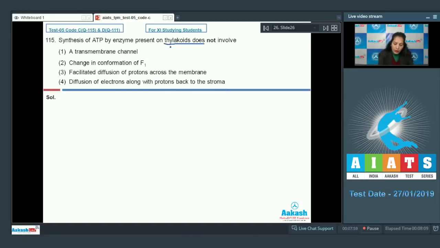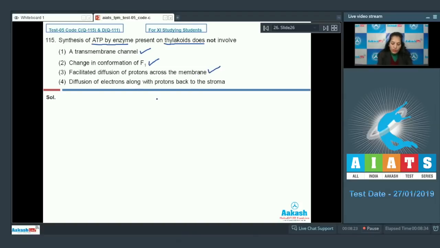So on the thylakoids, there is an enzyme called ATP synthetase which helps in synthesis of ATP. So for synthesis of ATP, it does not require a transmembrane channel. No, it requires a transmembrane channel. Change in conformation of F1. Yes, there should be a change in conformation of F1 so that ATP synthesis can take place. Facilitated diffusion of protons across the membrane is also required.